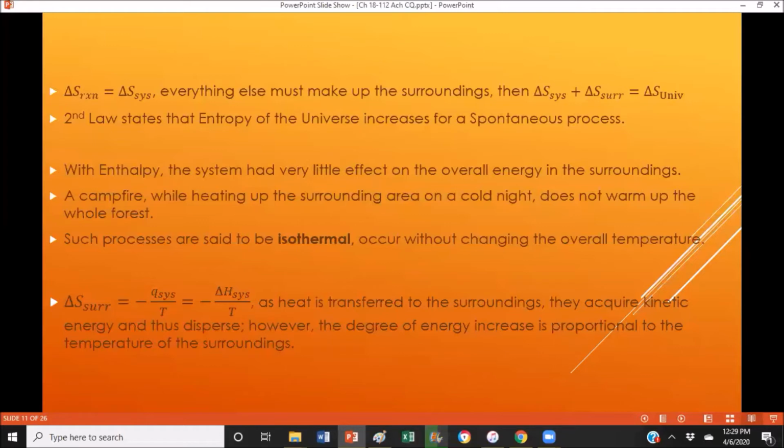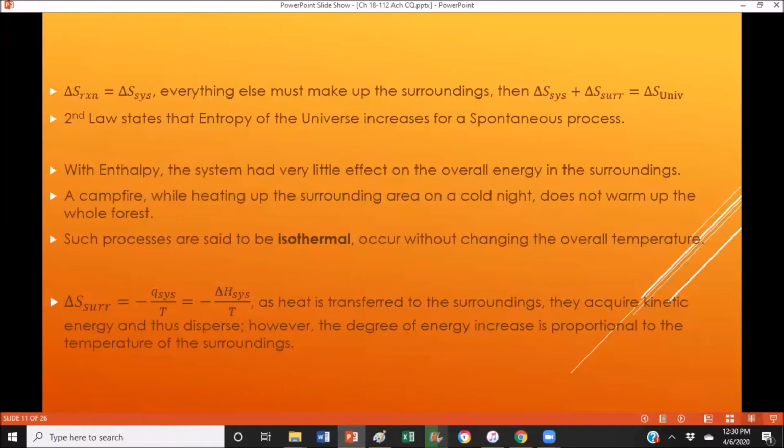So if I look at the entropy of the surroundings, how fast the air is moving in the surroundings, we can look at it as a function of the heat given off by the system over the temperature. Meaning if the gas is already hot, a little bit of extra heat will have a lesser effect than if the gas is cold. Heat up a cold gas, it moves a lot faster and has a much greater effect than if you heat up a hot gas.